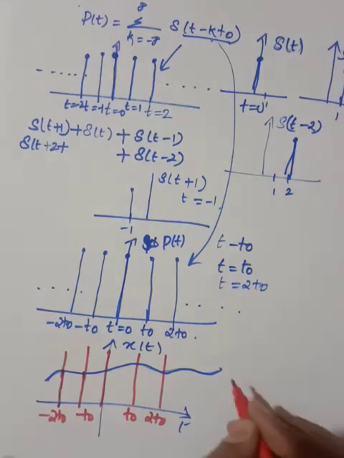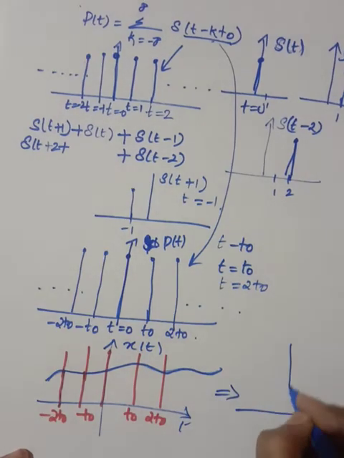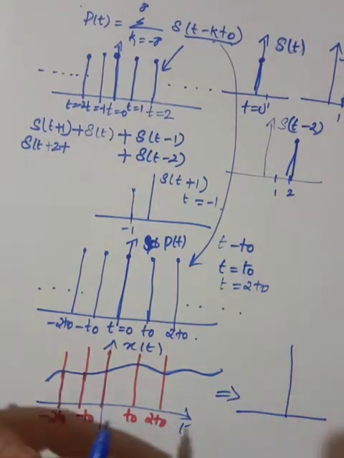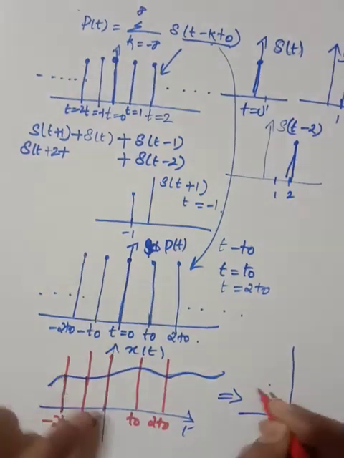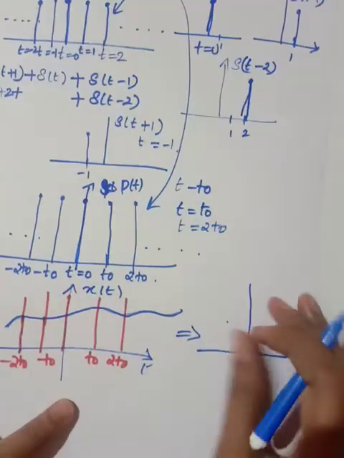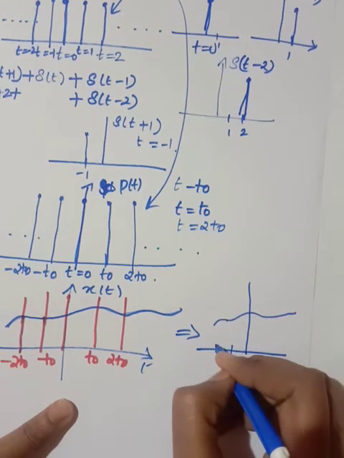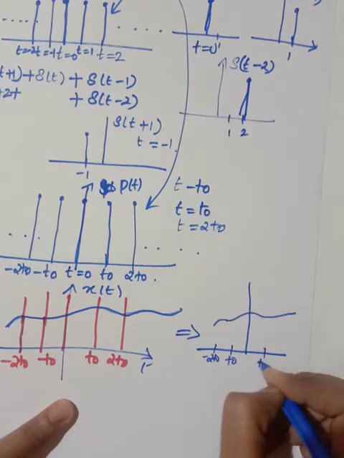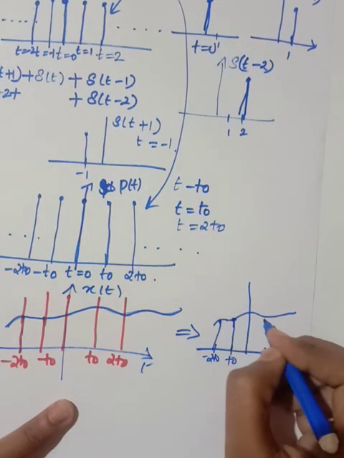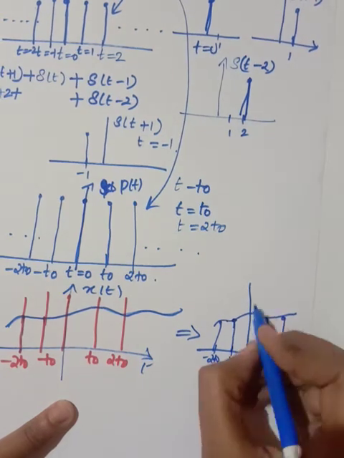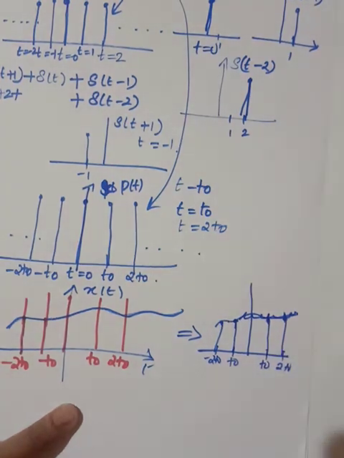So when you multiply x of t with this, what you will get is these amplitudes alone, right? This point, this amplitude, like this. So this is your t naught, this is minus 2 t naught, plus 2 t naught. So I will have only the amplitude of x of t at these points. I won't have the rest of the signal. So I will have the amplitude of the corresponding signal.